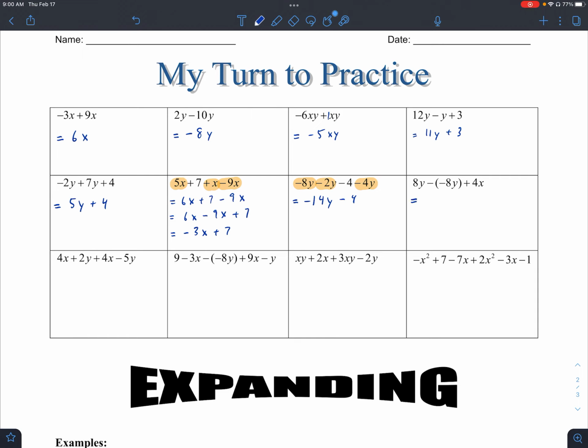Okay, here you would first want to change the two minuses back to a positive. So 8y plus 8y plus 4x. And now we can collect the y's. So 8y plus 8y is going to be 16y. So 16y plus 4x.